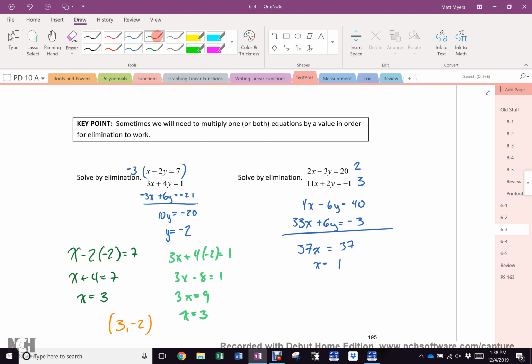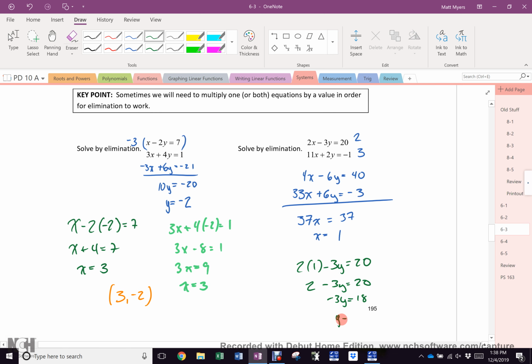Do I have to do both? Do I have to do both shades of green? No. Everyone's cool with that now? Your decision? Yeah? Okay. Yeah?